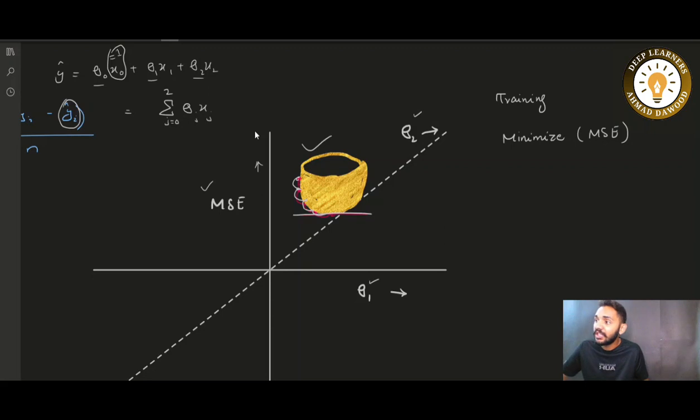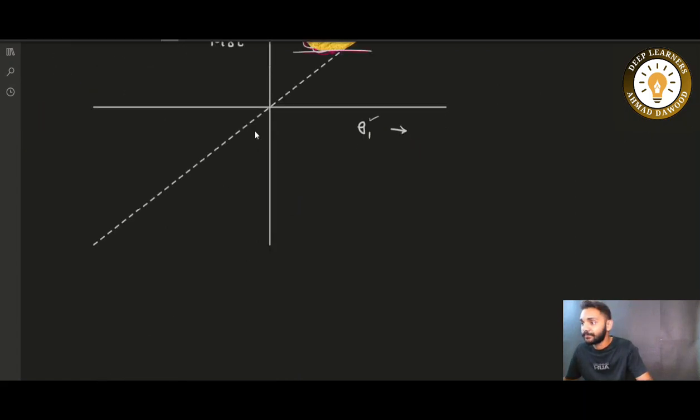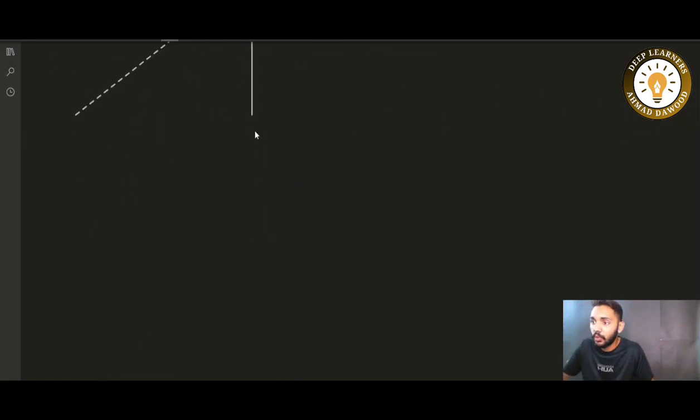So we are interested in the parameter values against which we have the minimum mean square error in our training phase. Usually we do it in this way. Now we will see it in more detail.